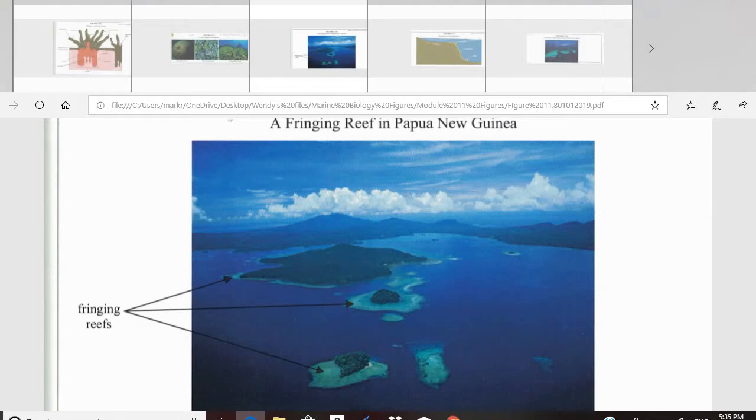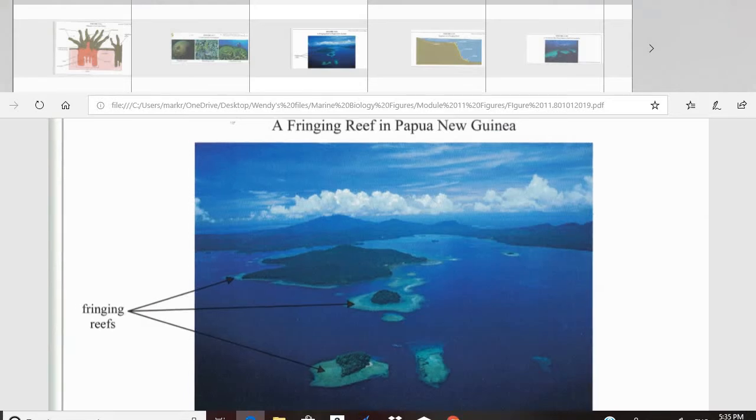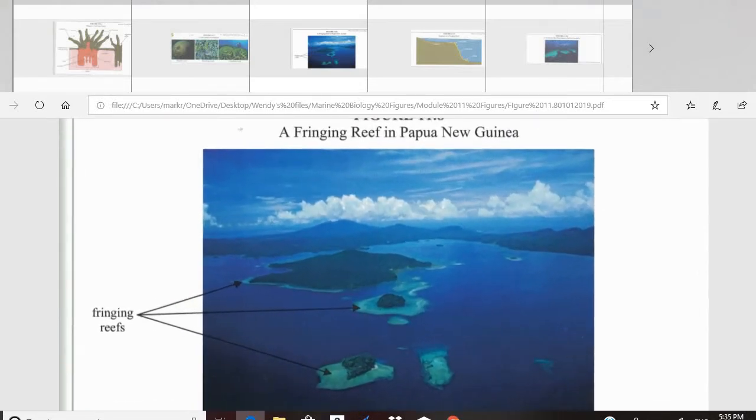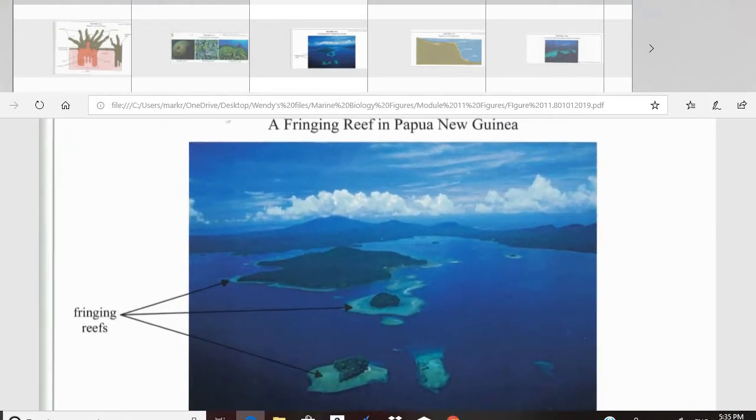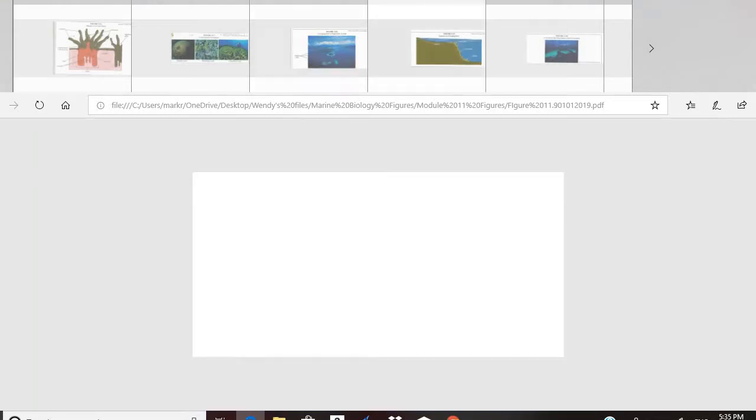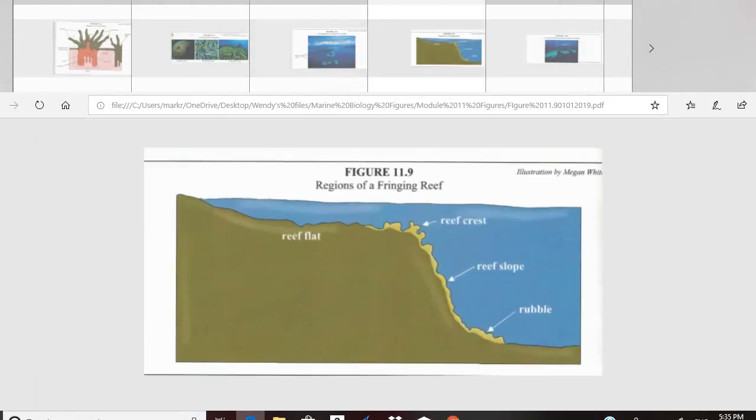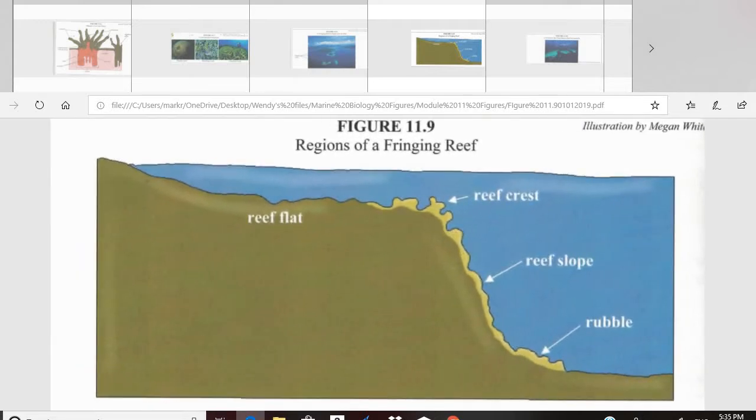Another area where there are some fringing reefs is around the Red Sea. There's a fringing reef there that's about 250 miles across. So let's look at the different regions of a fringing reef.